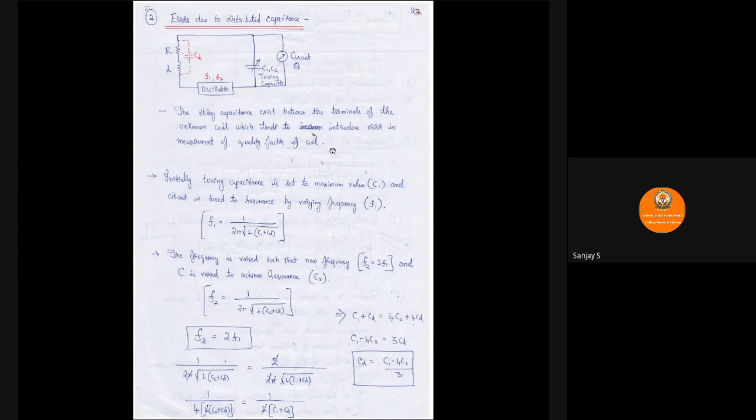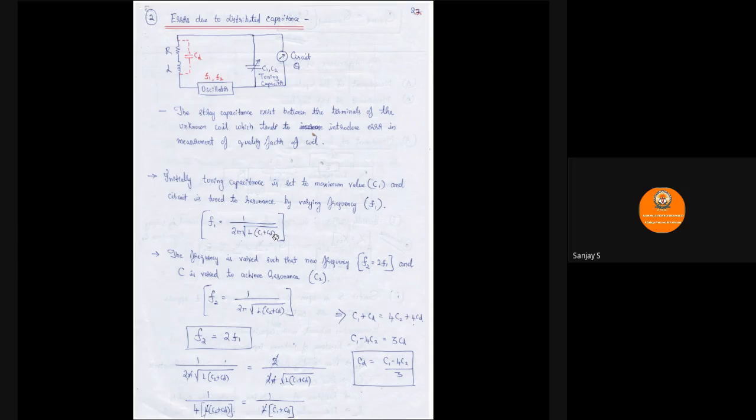Initially we set the tuning capacitance to the maximum value, and that value is C1. Then by varying the source frequency F1, resonance is achieved. Resonance is said to be achieved when F1 is equal to 1 over 2 pi root of L into C1 plus CD.